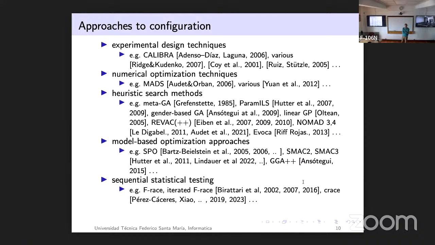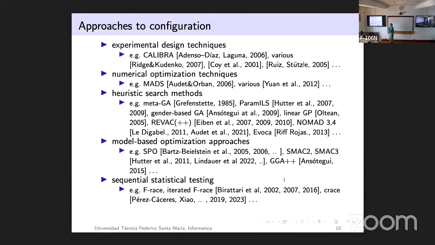You cannot have 4, you cannot have 6, but you have 5, yeah, and various others. So very often these are ANOVA techniques or something like this. Yeah? Then you have numerical optimization techniques. So this is, for example, MADS, which was done in 2006, and various others by Johan and Old. Also this one, which also has CMA-ES and so on and so on.